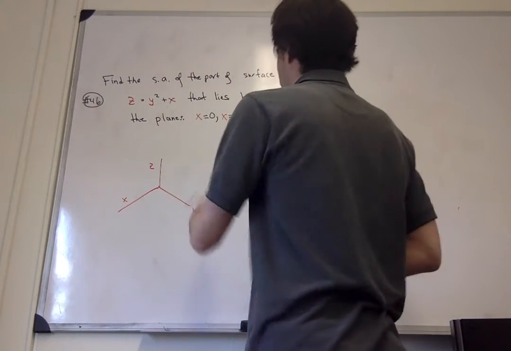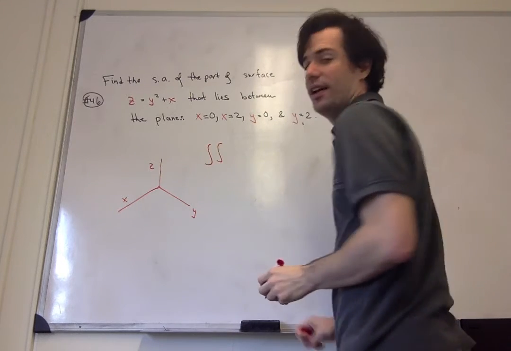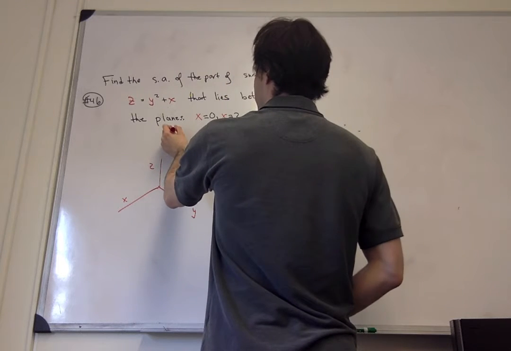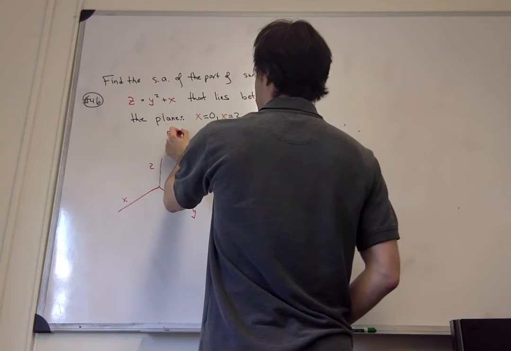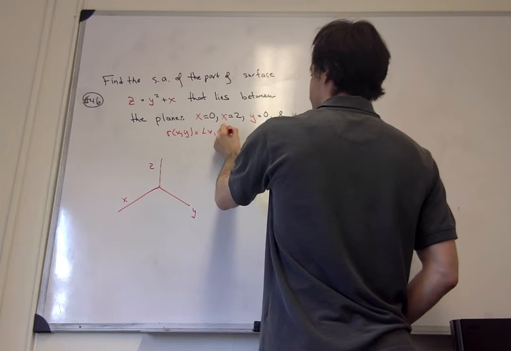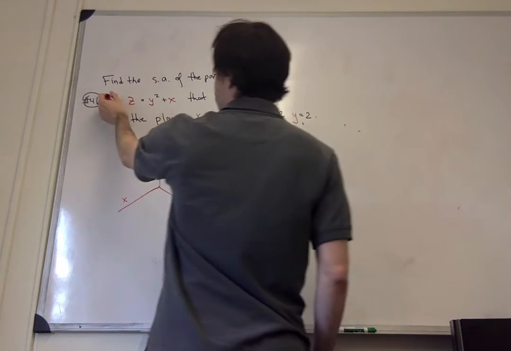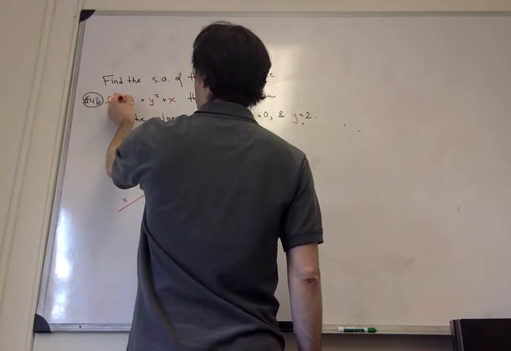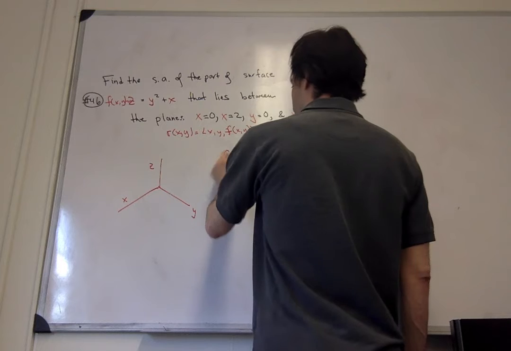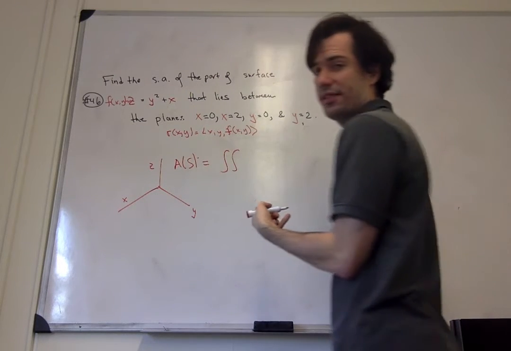Now that we did that, this is some surface, and those are some planes, and that's really easy to calculate. We have a parameterization r of x, y equals x, y, f of x, y, where f of x, y is just z. So now z really is a function of x and y, and we know what the surface area is.